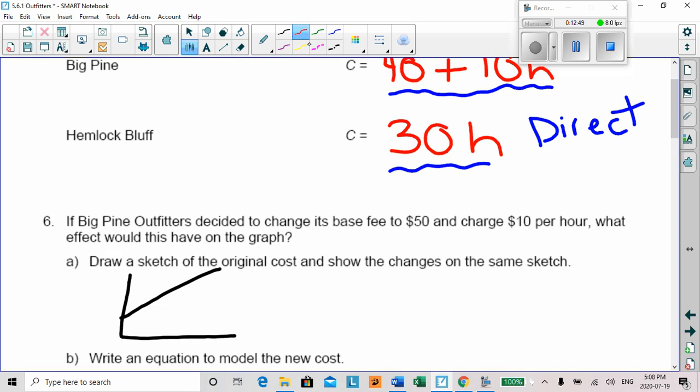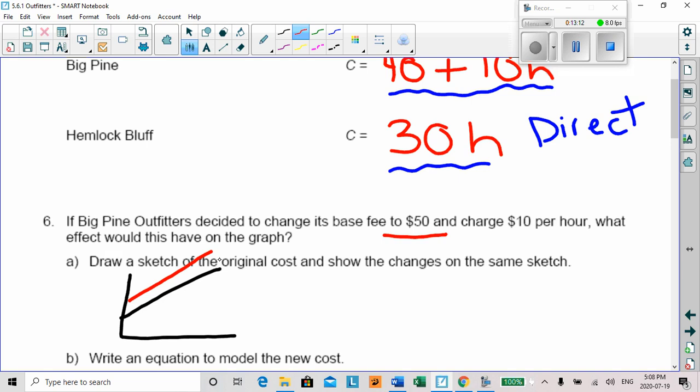That means that my rate of change, which is the slant of the line, is going to stay the same, but the $50, that's where my line starts. That's my initial value. So my line is going to go like that. It's going to be parallel to the original, but it's going to start up $10 higher.